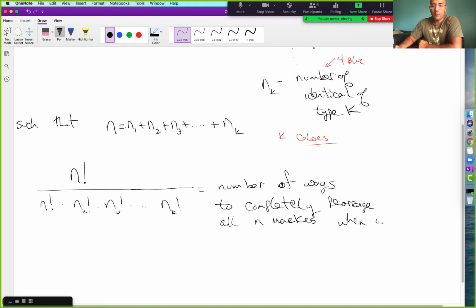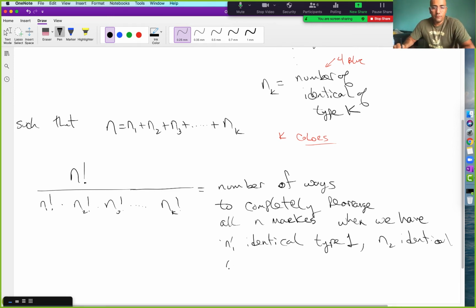When we have n sub 1 identical of type 1, n sub 2 identical of type 2, dot, dot, dot, and n sub k identical of type k.